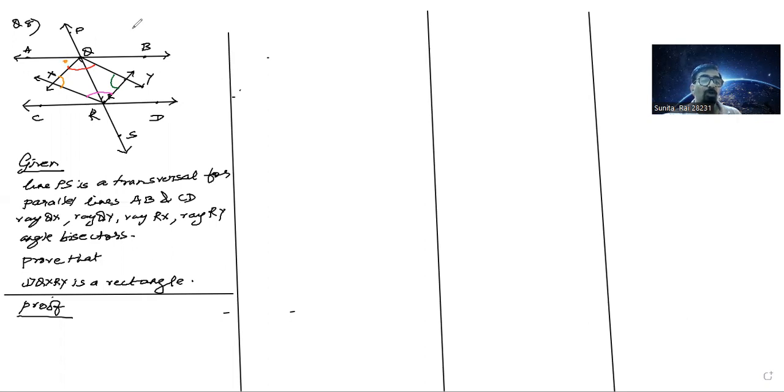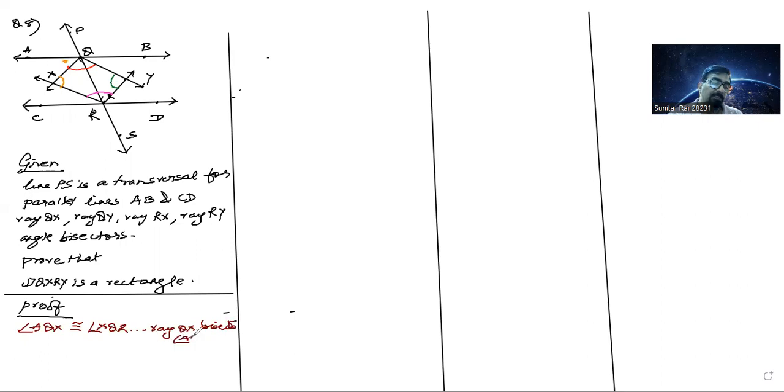Are you getting me? QX is what, children? Angle bisector. So what am I going to say, children? Listen. Angle AQX, is it visible to everyone? Angle AQX is congruent to angle XQR. So both angles are congruent, dear. Reason: ray QX bisects angle AQR.